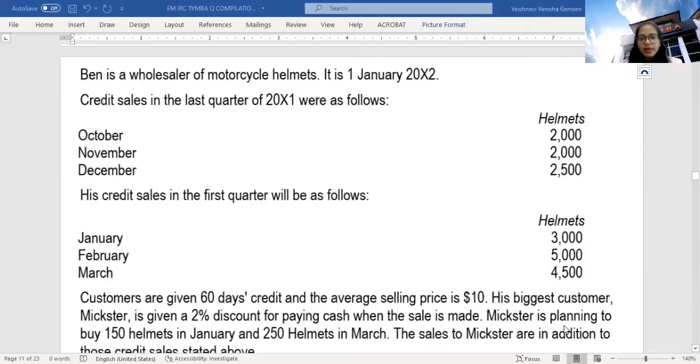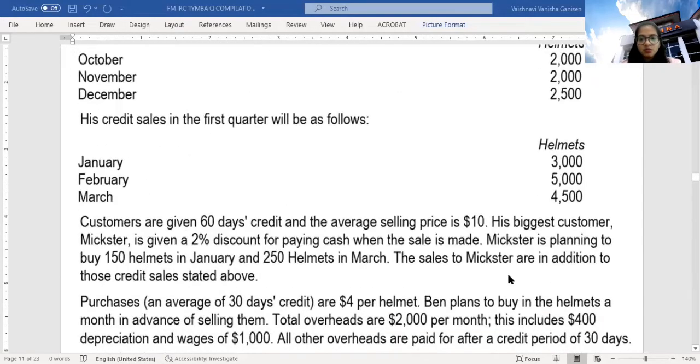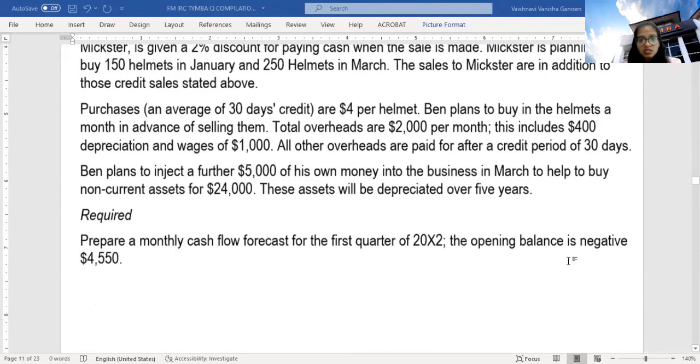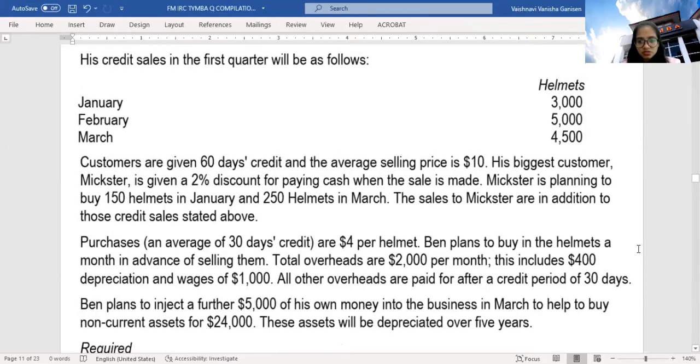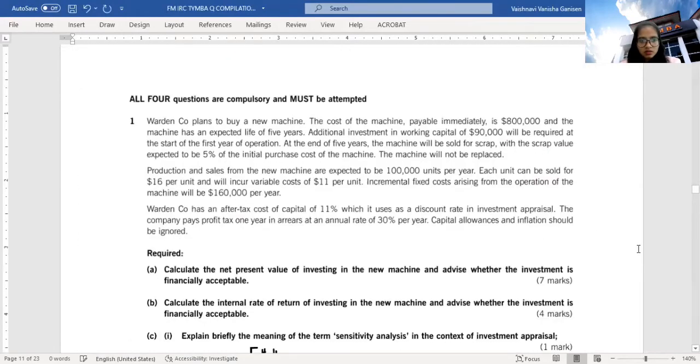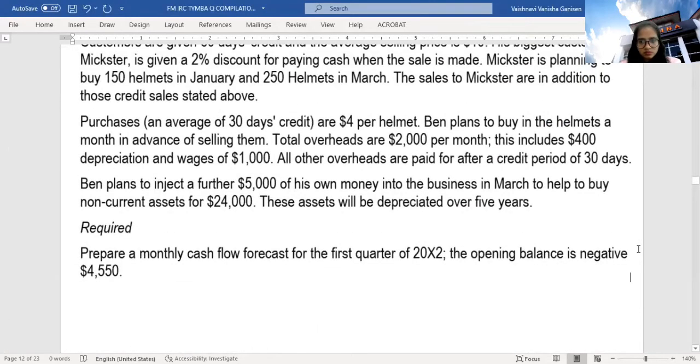Ben is a question that was extracted from the BPP book. It's a lecture example from your BPP course notes. Now, let's look at this question and see how to do a cash flow forecast type question.